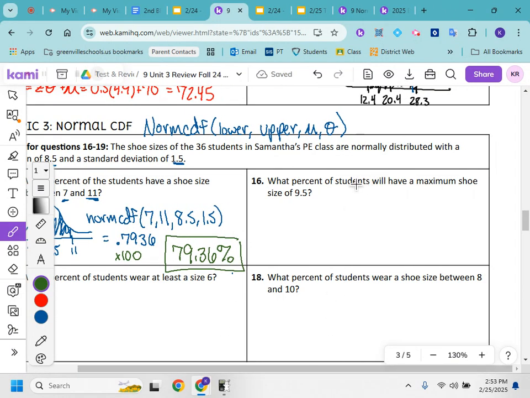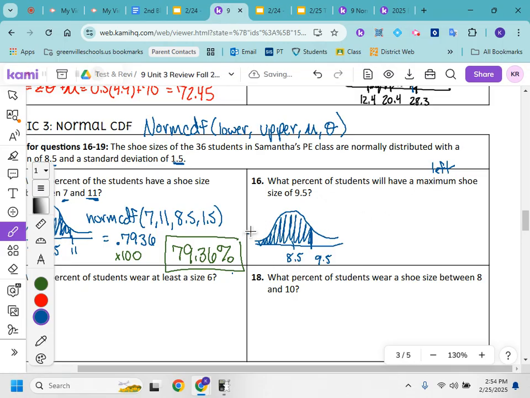What percent of students will have a maximum shoe size of 9.5? Okay, the mean is in the middle, 8.5 is in the middle. If our maximum shoe size is 9.5, that's on this side, and we're going lower than that. So this maximum shoe size means we're going to the left.